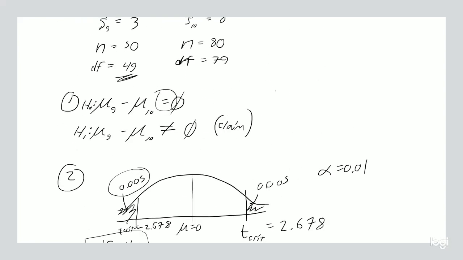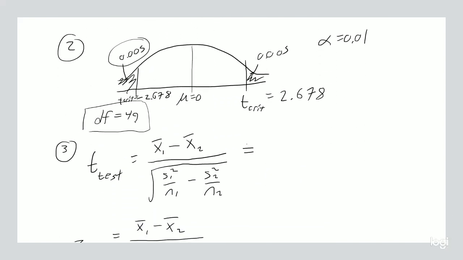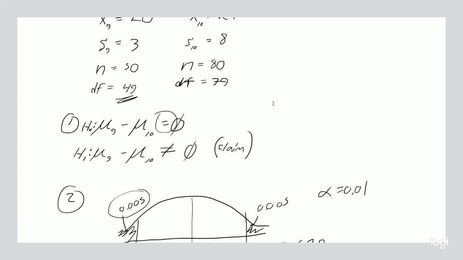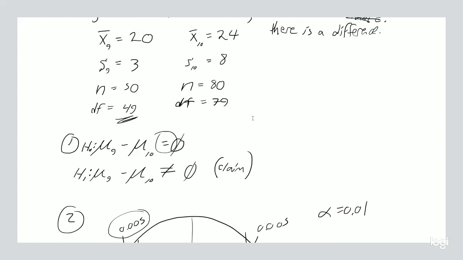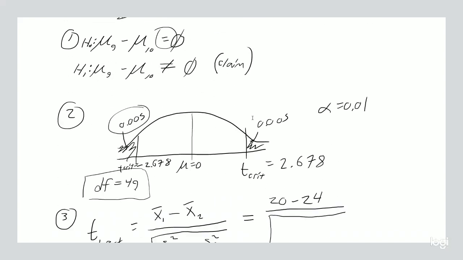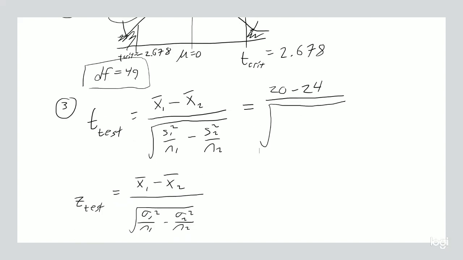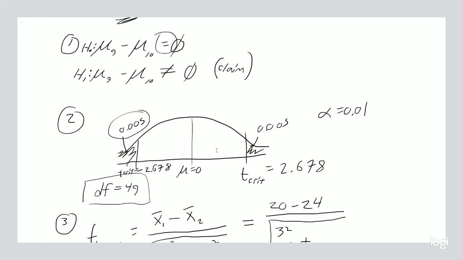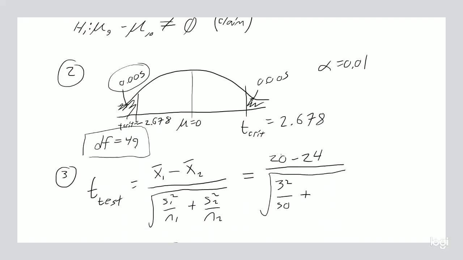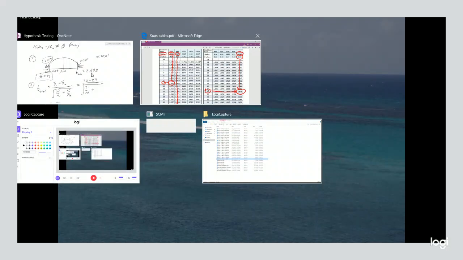Okay, so our sample means were 20 and 24. Our first standard deviation and sample size were 3 and 50. Sorry, that's supposed to be a plus sign at the bottom. And the second one was 8 and 80.